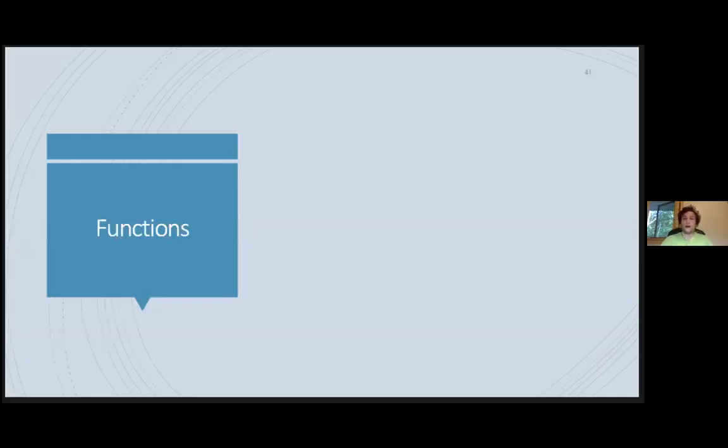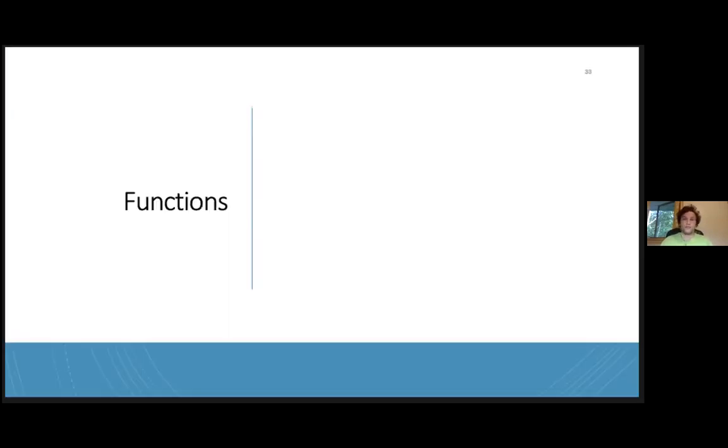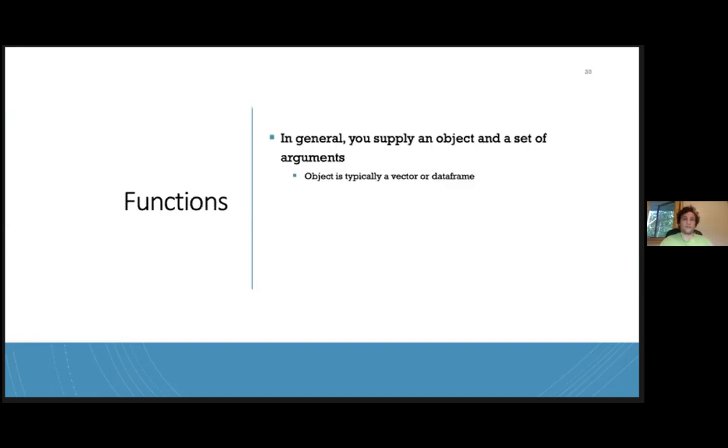Next topic is functions, and I want to talk very briefly about them. The general format for a function is that you supply an object and a set of arguments. The object that you're normally going to supply to a function will be a vector or a data frame.